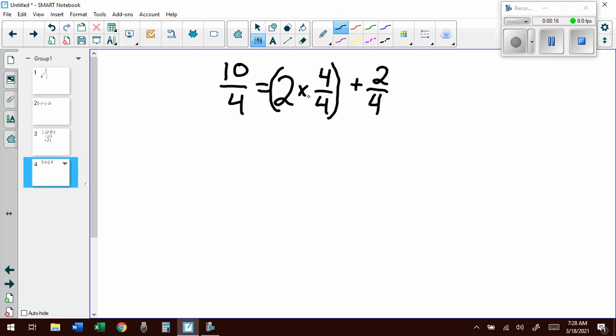So we have 2 times 1 equals 2. We need to add our 2/4. And 2 plus 2/4 equals 2 and 2/4.